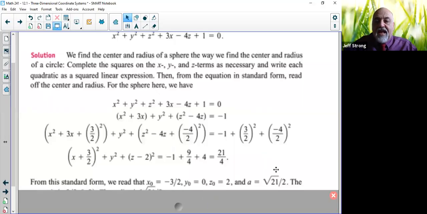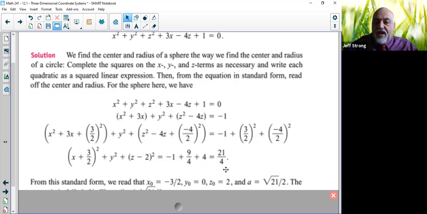So that makes our center at, the opposite of the number, negative 3 halves. That's our x sub 0. The y, there's nothing with that, so the y sub 0 is 0. And then the z sub 0 is 2. So negative 3 halves, 0, 2 is the center.